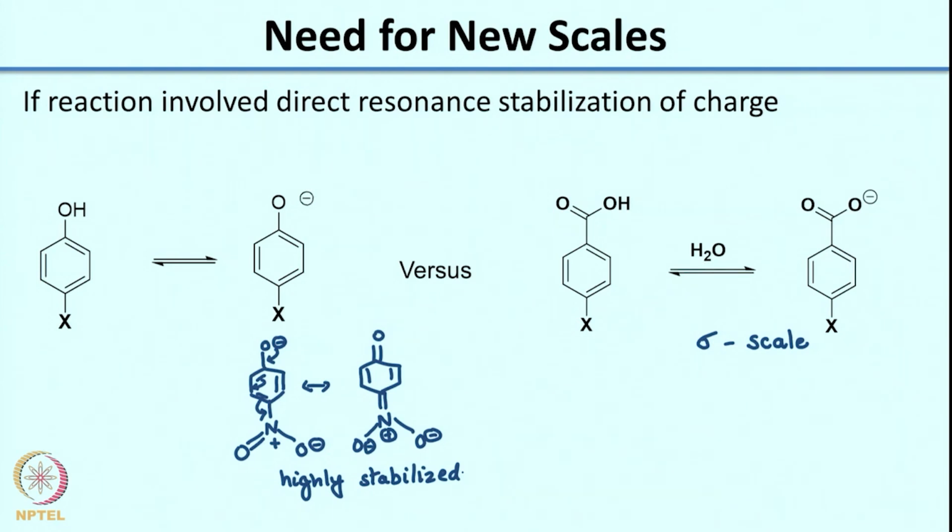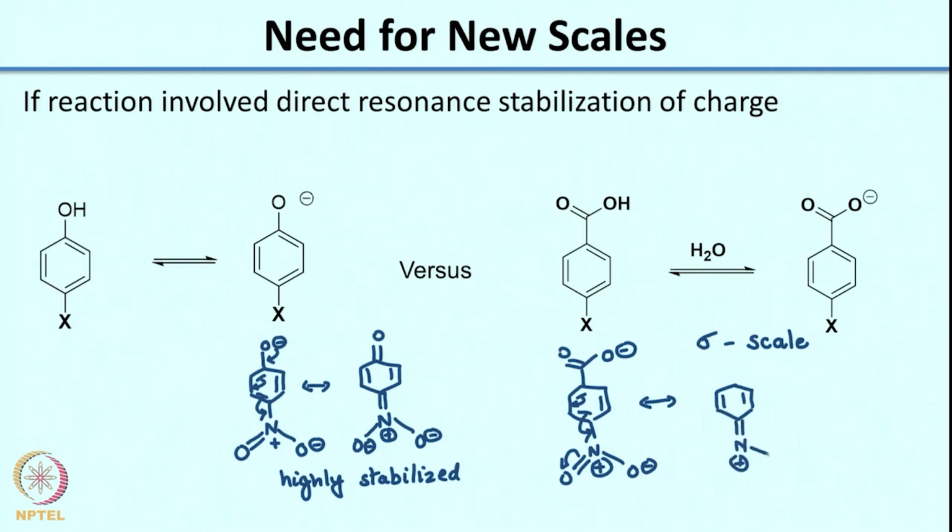So, now if I compare it with the case of benzoic acid, if I have a nitro group here, if you remember, when we had written the resonance structures earlier, so when you have a nitro group, you just end up generating a positive charge and O minus.